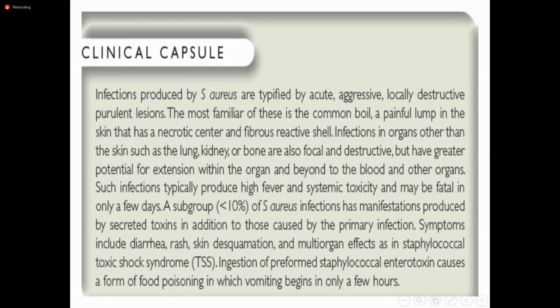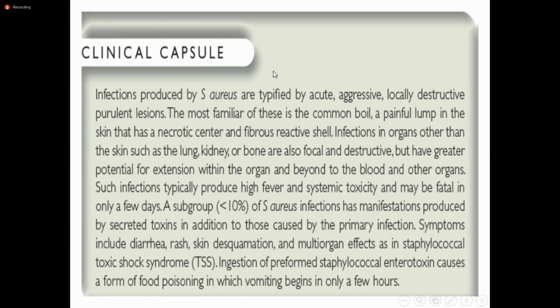This is the point that I would like you to know. They can lead to TSS. I will speak about TSS in a moment. So ingestion, sometimes they have enterotoxin, and we have mentioned Staphylococcus aureus in food poisoning, you remember, with the GI system. So I am not going to go through it. But remember, TSS, toxic shock syndrome.